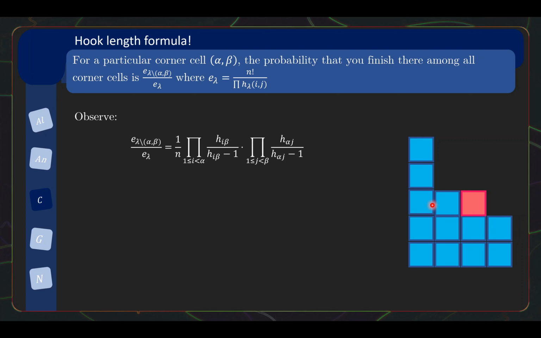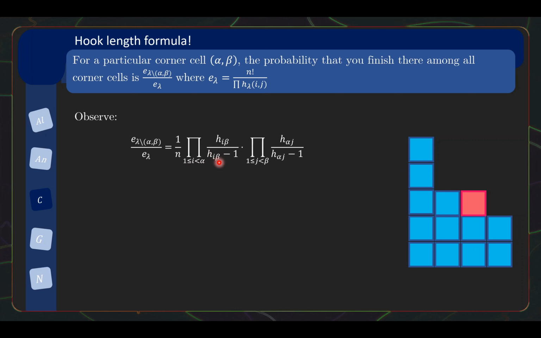So you notice that the hook length of cells in the same row or column as the corner cell is decreased by 1. This is why most of the products cancel, except for those cells which are in the same row.